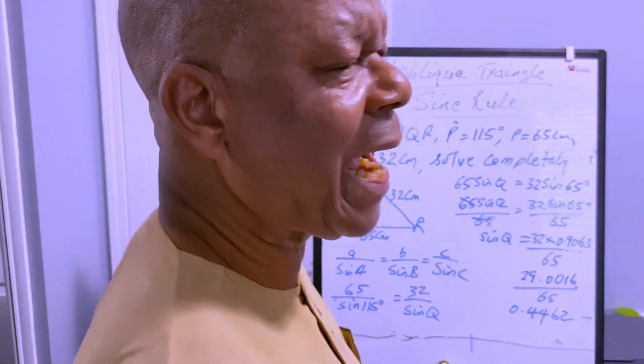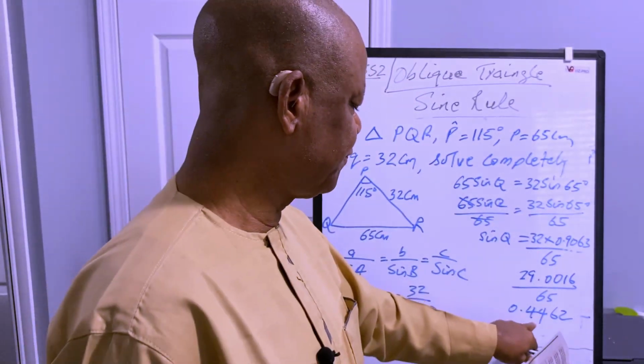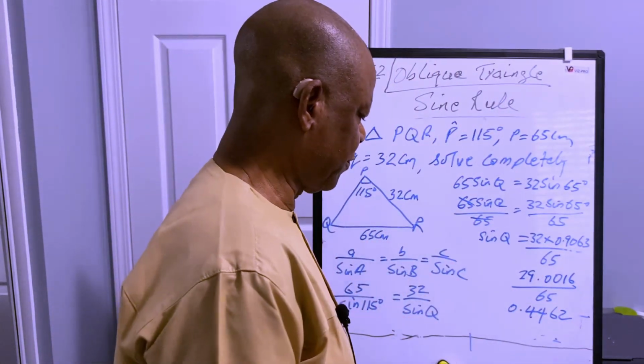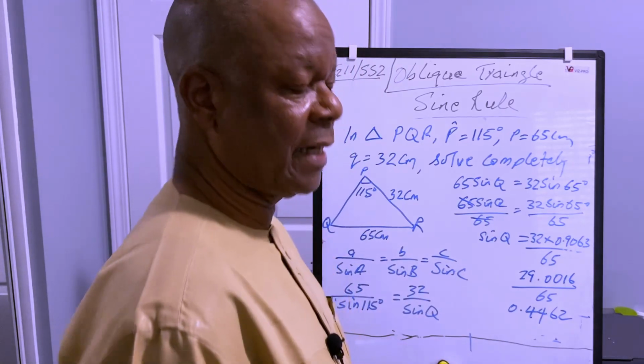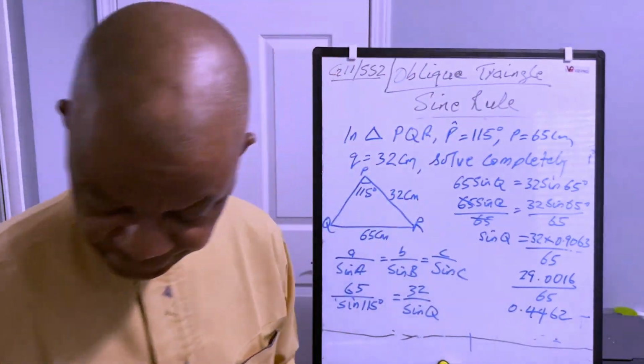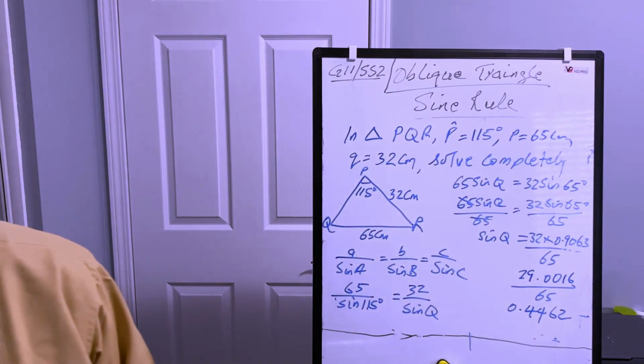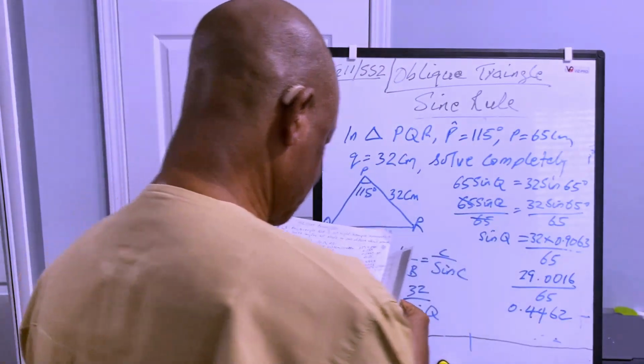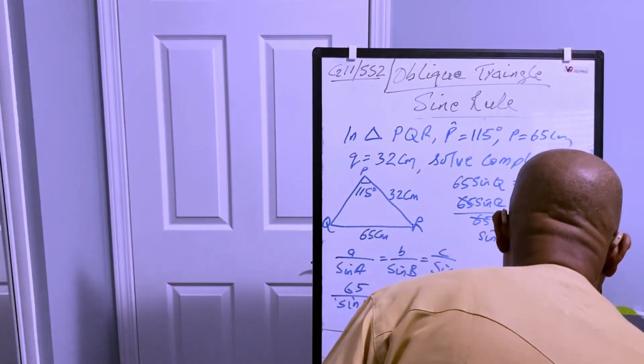We now find the angle from the same 4-figure table, and on the body we look for this very value to find the angle. If we do that correctly from the 4-figure table, looking for 4462 from the body of the 4-figure table, that will give us 26.5 degrees.